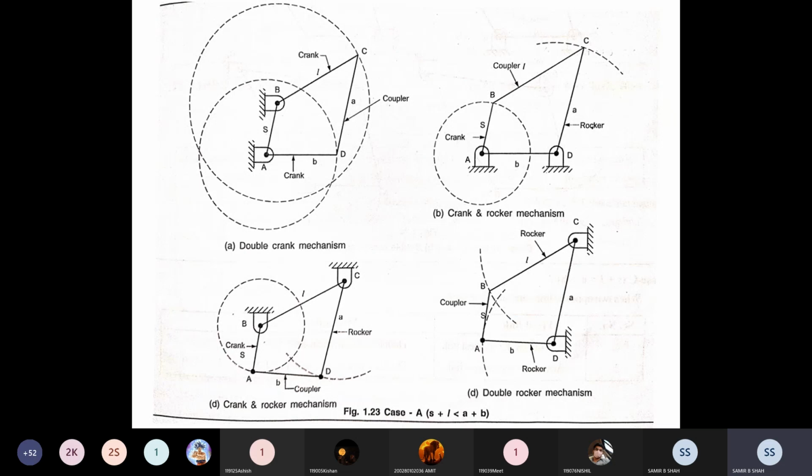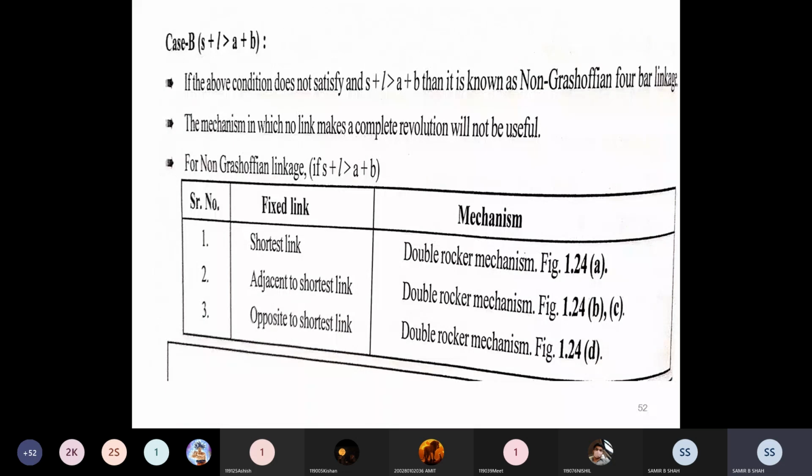Okay, we are applying some equations also in the practical. At that time, you will probably understand Grashof's law in detail. In the same way, if the condition is that the summation of the shortest and longest link is higher than the remaining two links, then it is called a non-Grashofian four-bar linkage.